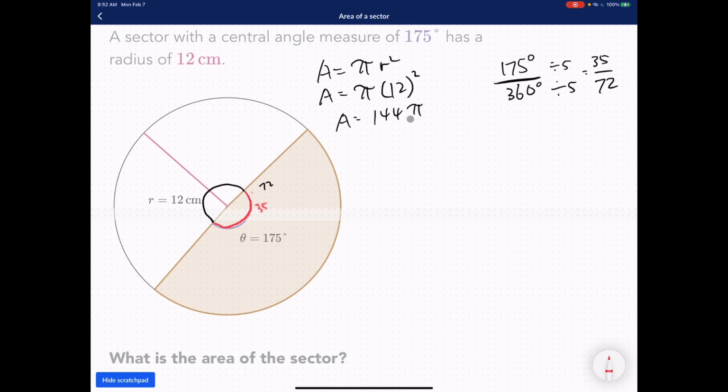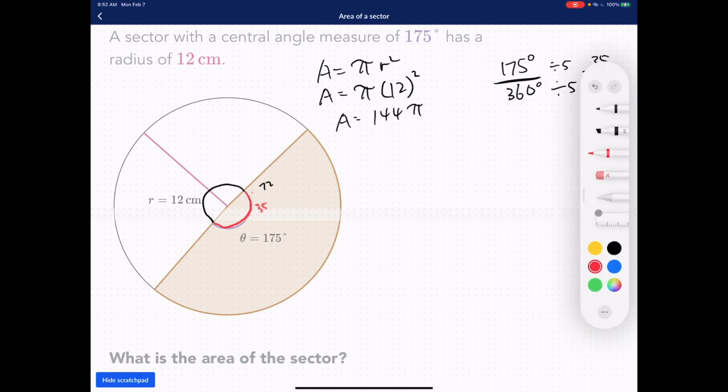So if 175 is 35 over 72 of the entire circle, which is 360 degrees, then now we can get this. So what is 35 over 72 of 144 pi, okay?